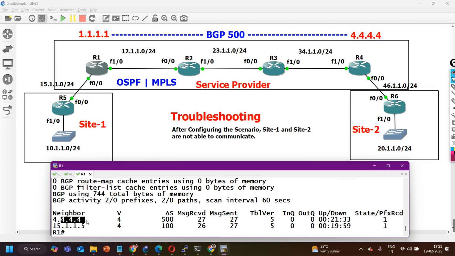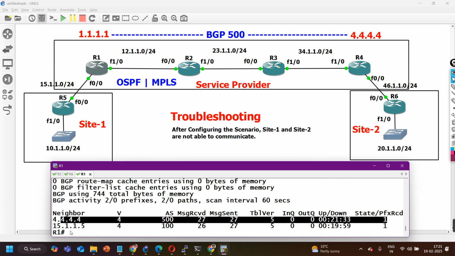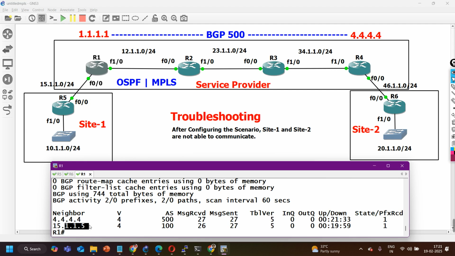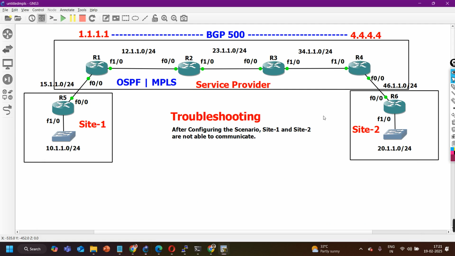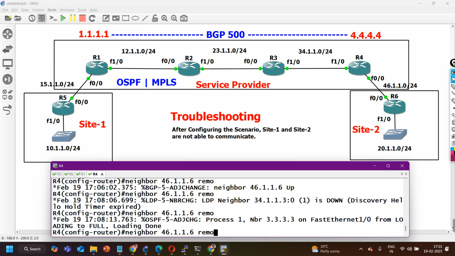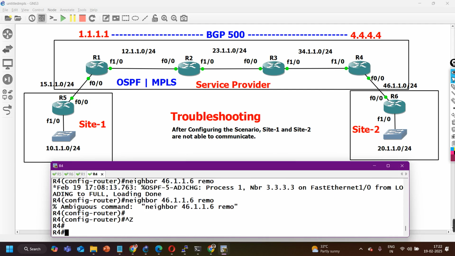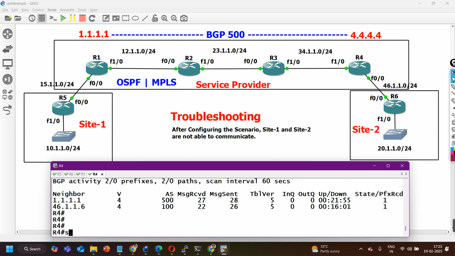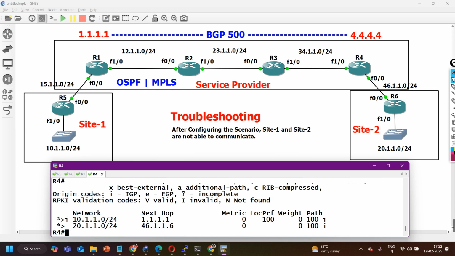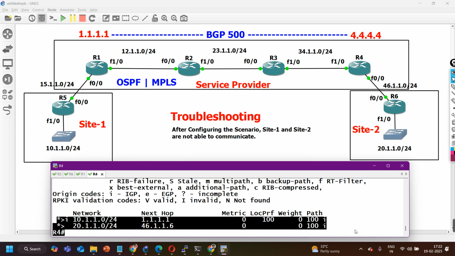One is 4.4.4.4, the iBGP neighbor router 4, and another one is the customer router. So on router number 1 we don't have any issue. On router number 4 also you can check, we don't have any issue with BGP. Show ip bgp summary, fine, and show ip bgp. In the BGP table both the subnets are there, so we don't have any issue.